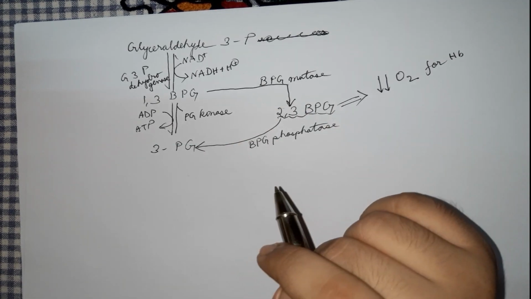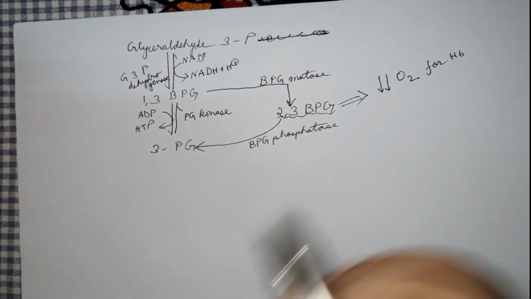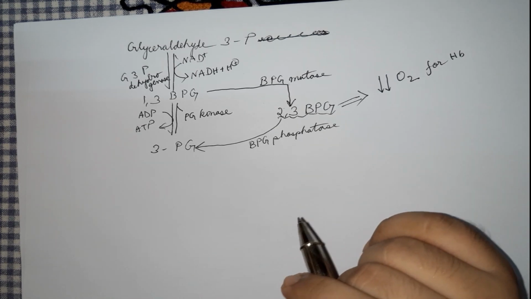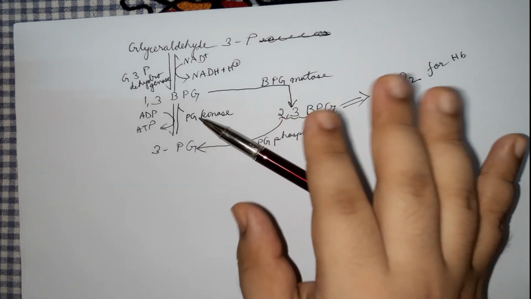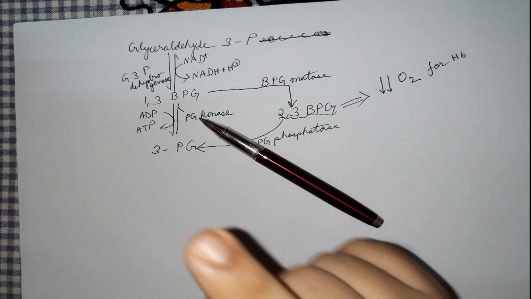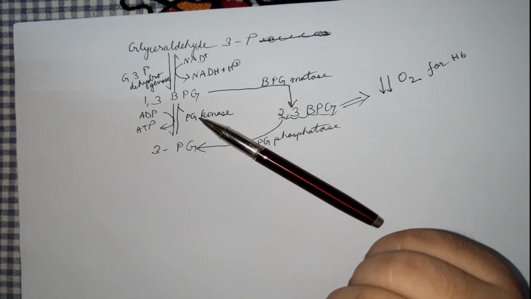Mind the term. Hence, if a hemoglobin molecule's affinity for oxygen decreases, then that hemoglobin molecule will easily give up that oxygen molecule, right?